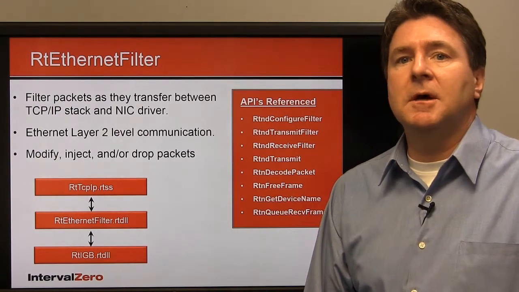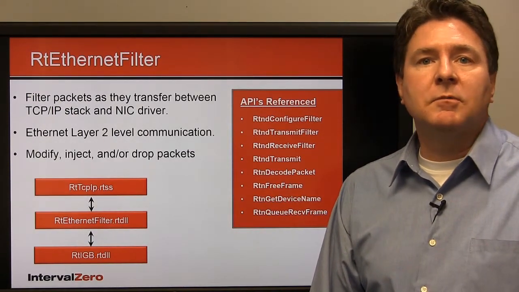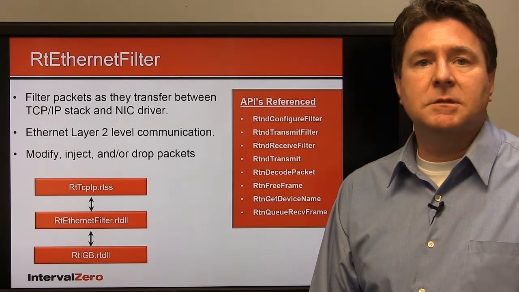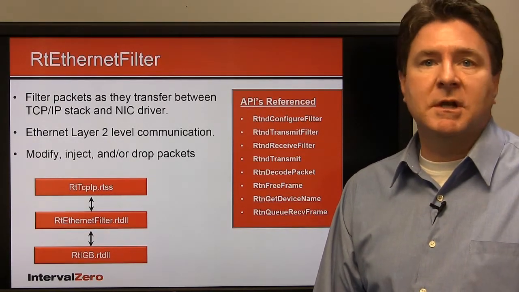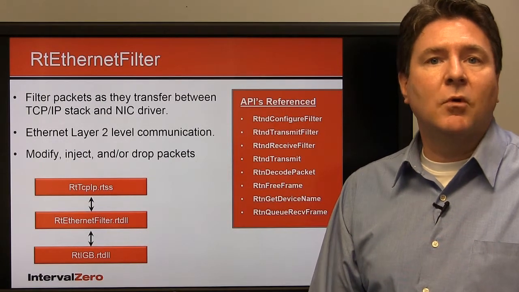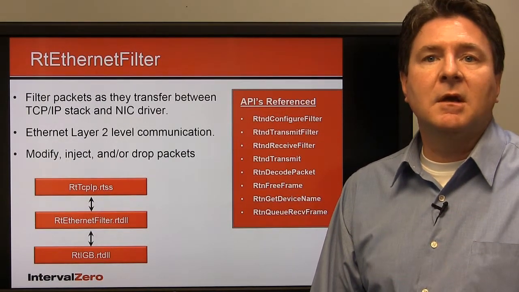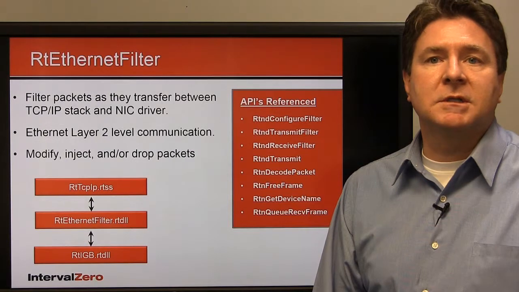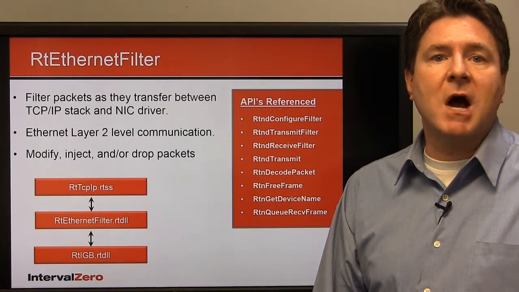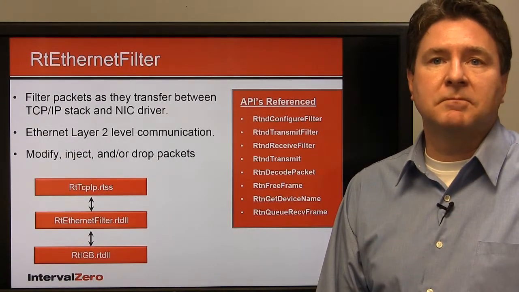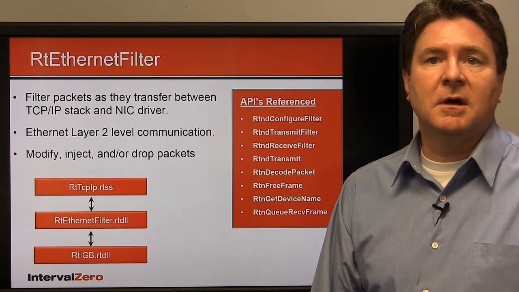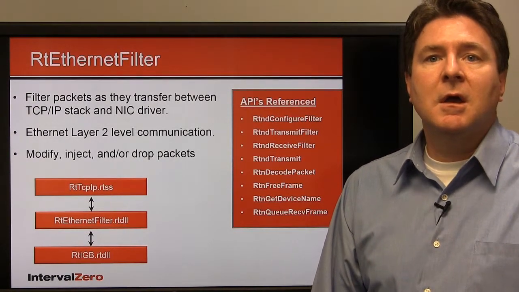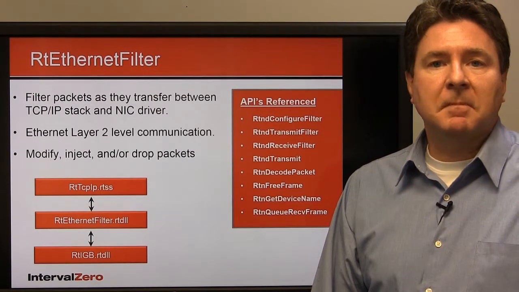To do this, we get called when the stack is transmitting a packet, and it calls the RTND transmit filter. We get passed a pointer to the frame, and then on our return from that, we can instruct the stack to either drop it, to not send it to the NIC, or to pass it along to the NIC. And the same goes for the RTND receive filter call.